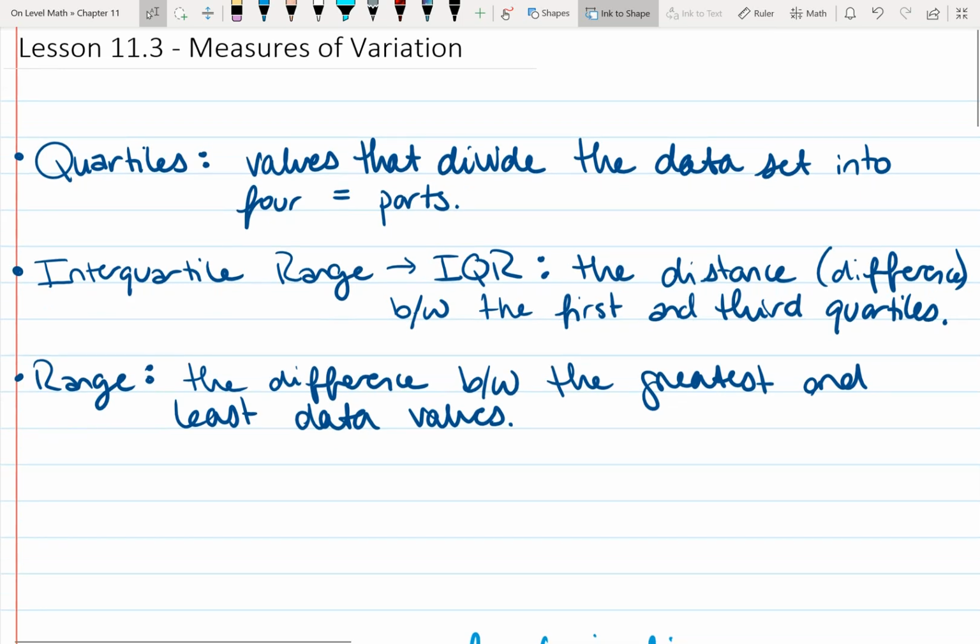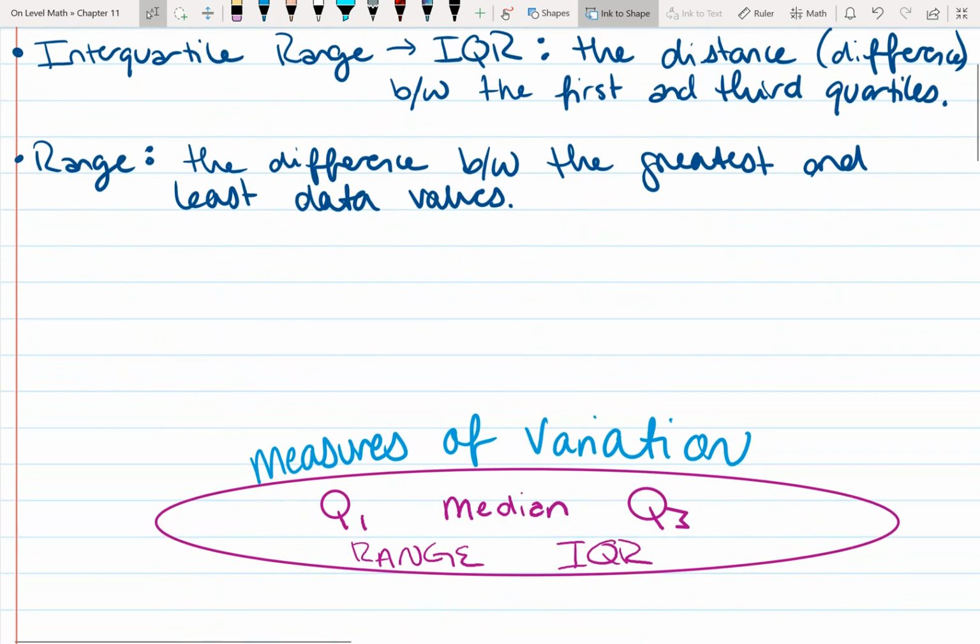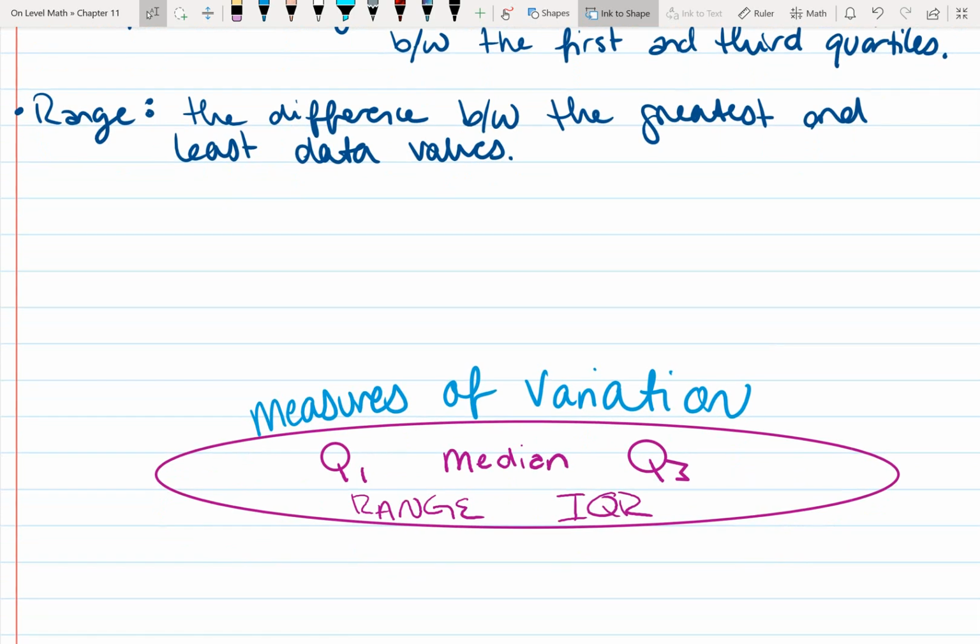Now, in your homework, measures of variation, it's going to say find the measures of variation. So there are 5 things that you'll be looking for. It'll say find the quartile 1. When you think quartile 1, it's called Q1, a shortened version. Then you're finding the median and quartile 3, which again, I'll explain quartile 1 and quartile 3 in just a second.